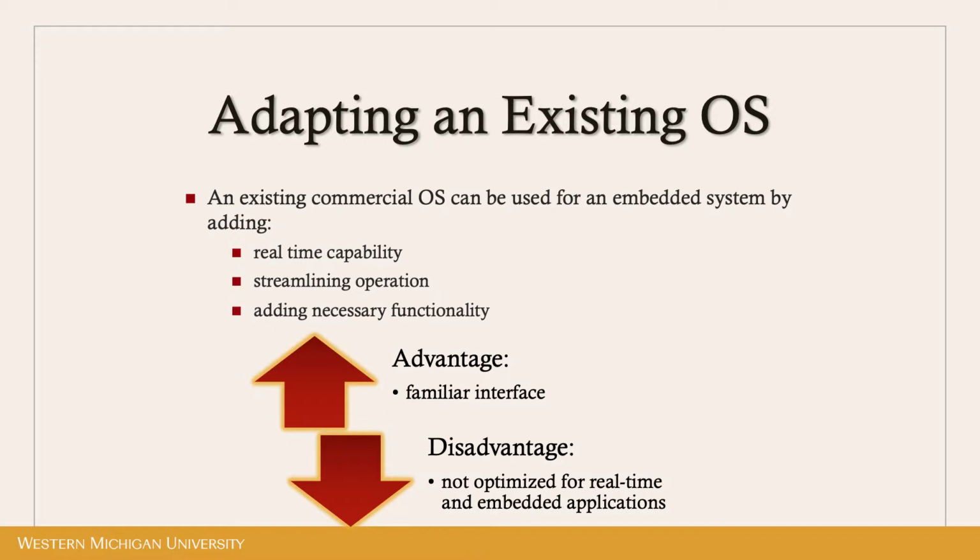But there are some disadvantages in that it's not going to be optimized for real-time and embedded applications. If we actually did everything we would need to do to modify an existing operating system to really be optimized for real-time embedded applications, we're probably better off just purpose building an embedded OS from scratch.